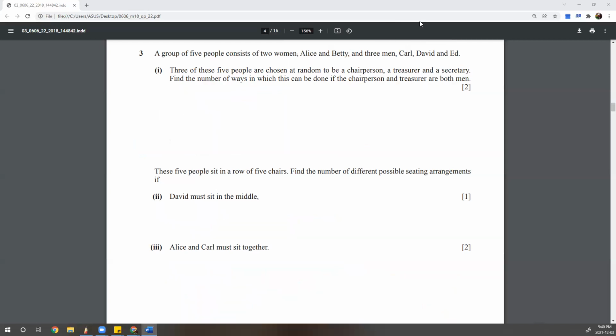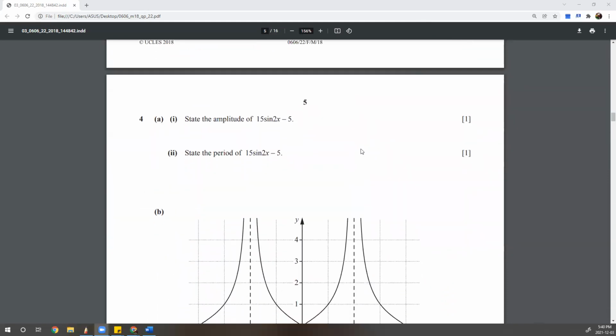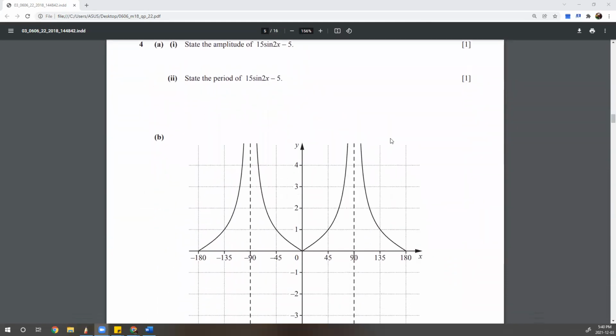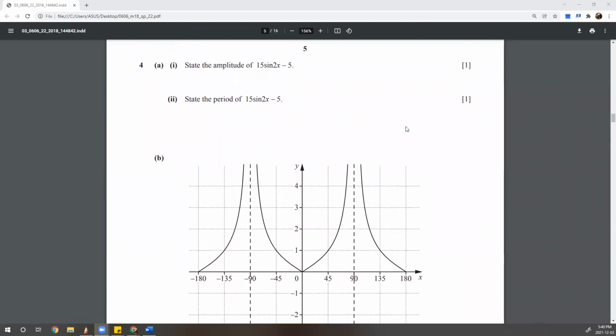4. Amplitude, very simple. Amplitude is this. Period is 2 pi over this, right? Wait, I will give you the formula.